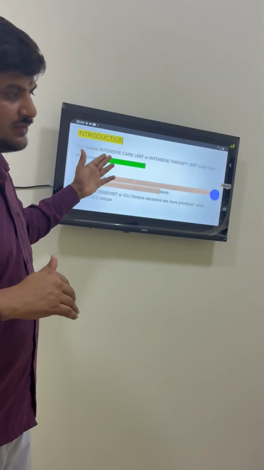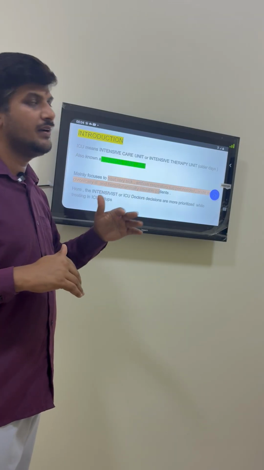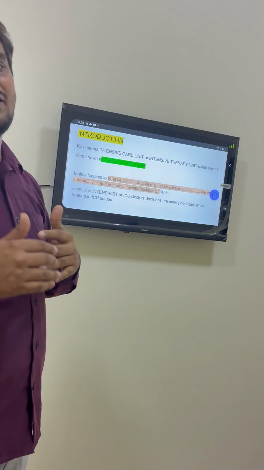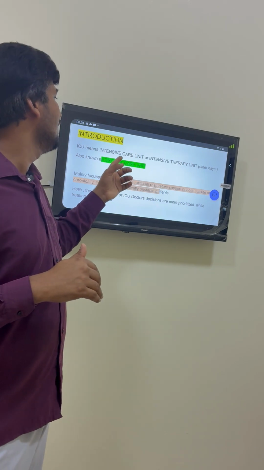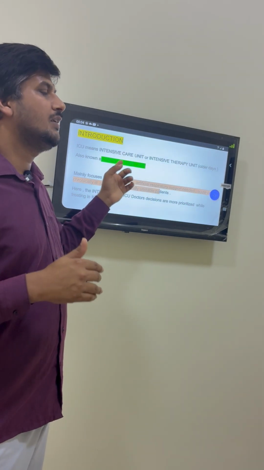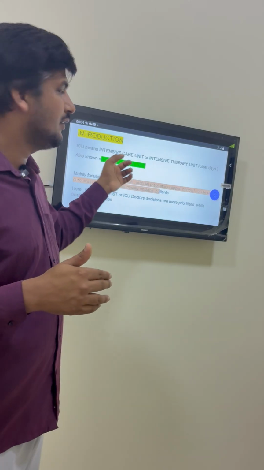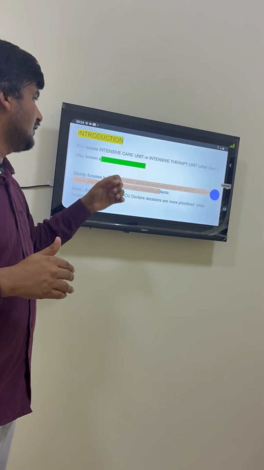That is because the required care is much, and close monitoring is essential in the ICU setup. Intensive also means continuous monitoring care should be there, and sophisticated equipment is also required.